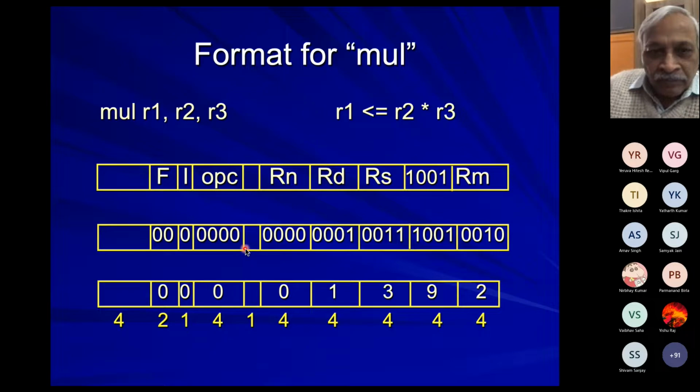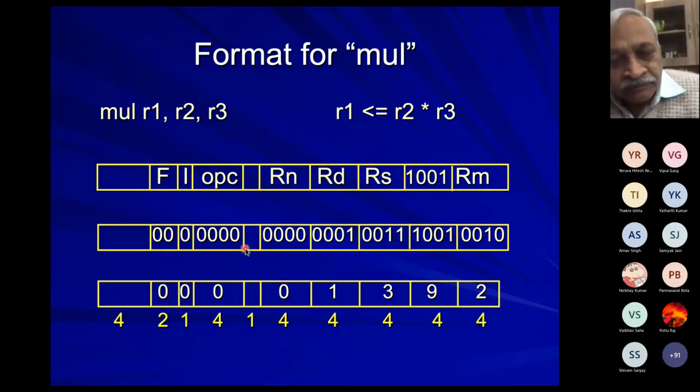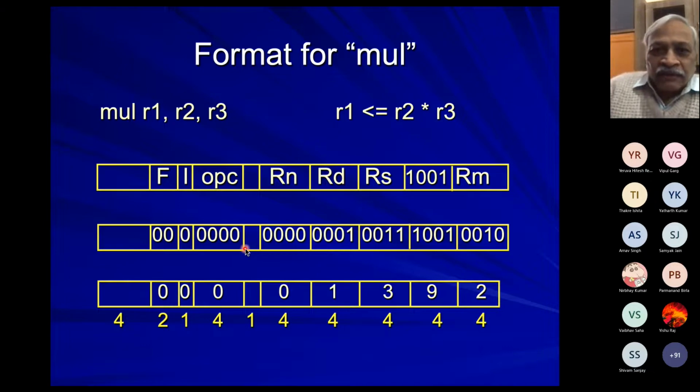Sir, can you once again mark which were R1, R2, and R3? Okay, so basically what we are saying is RD is the destination, RM is the first operand, RS is the second operand.